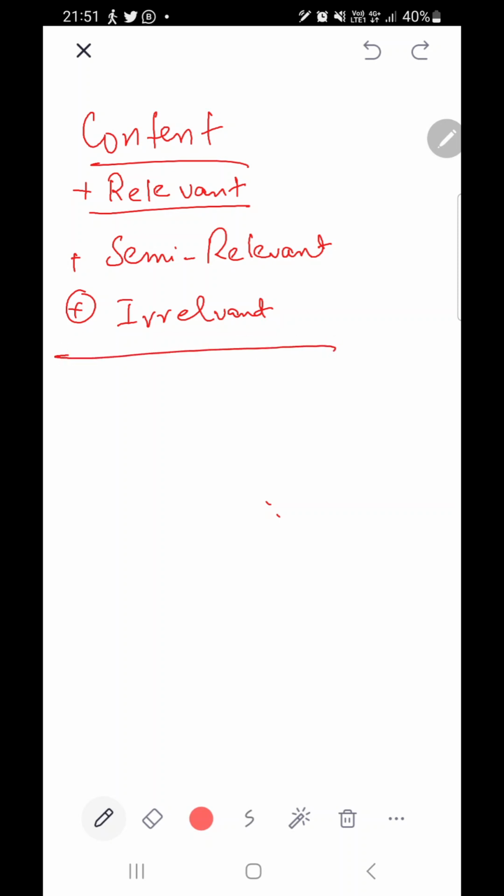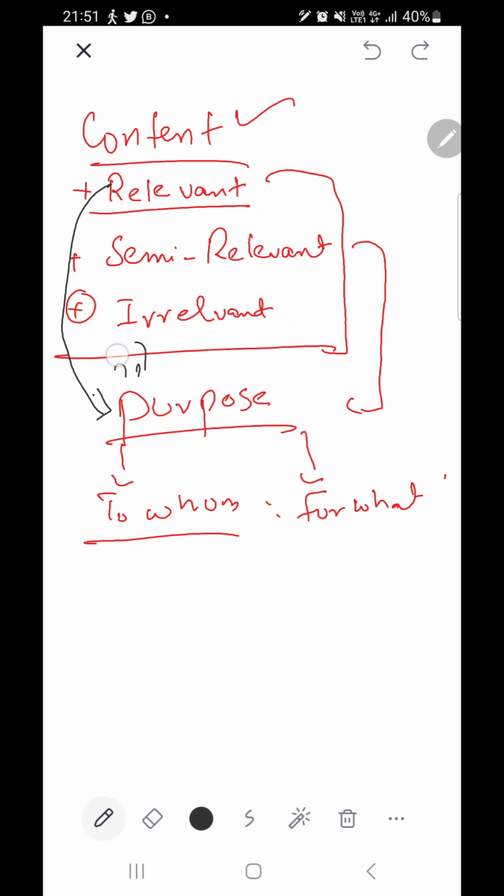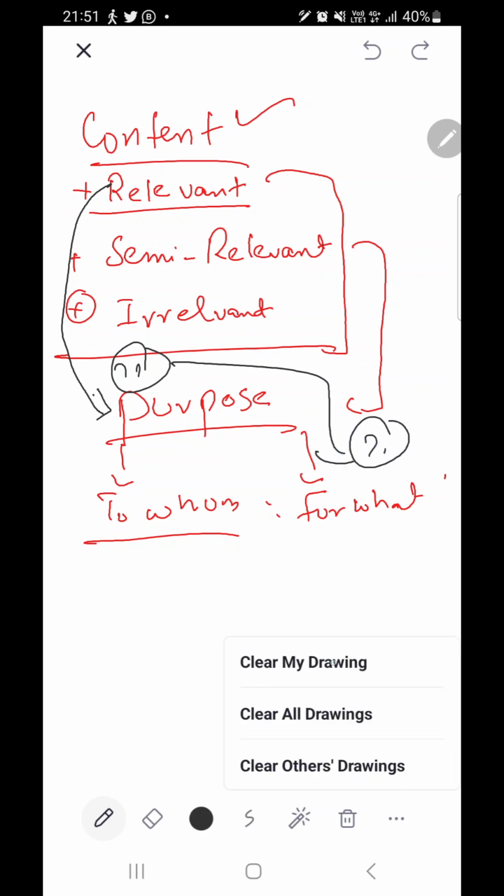So this is the second part of the criteria. Again, it should depend upon the purpose of writing. So we have 2 points: to whom we are writing and for what we are writing. So whatever point, is it relevant for that person, or is it irrelevant for the issue? We have to see this as well.